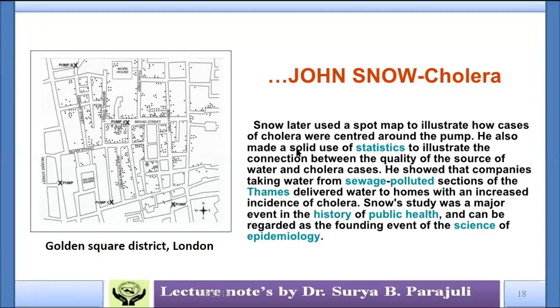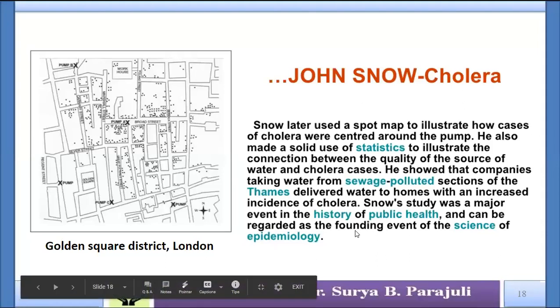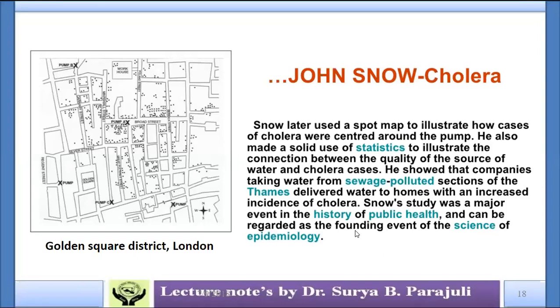He also made solid use of statistics to illustrate the connection between the quality of the water source and cholera cases. He showed that companies taking water from the sewage-polluted section of the Thames River delivered water to homes with an increased incidence of cholera. Snow's study was a major event in the history of public health and can be regarded as the founding event of the science of epidemiology, the sanitary awakening.